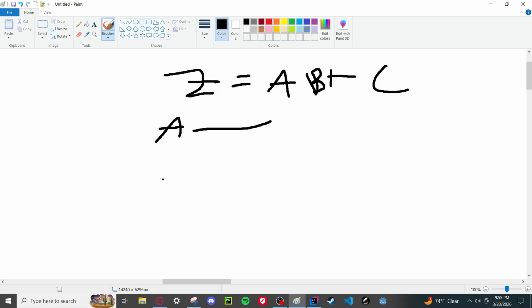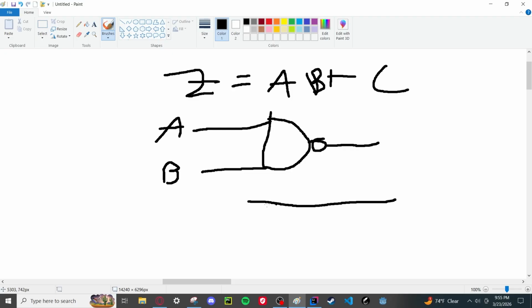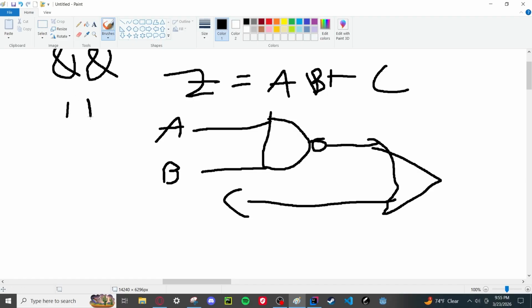A, B, AND them together, and then you take that output and OR it with C. It's A and B, or C, because if you remember from operator precedence, logical AND is over logical OR. And then you just run like this. It looks like this, right?